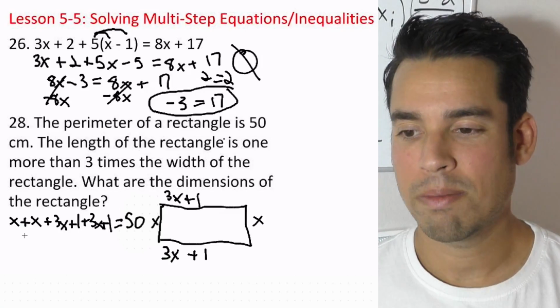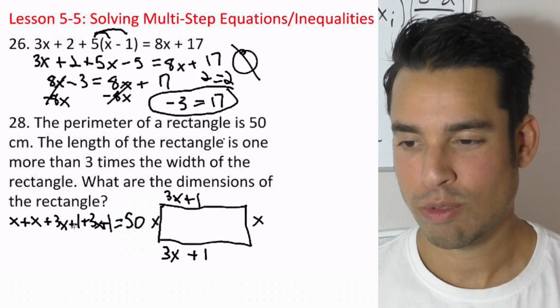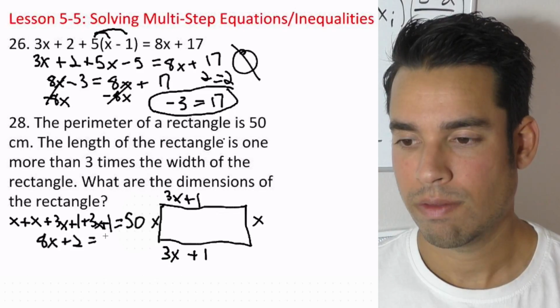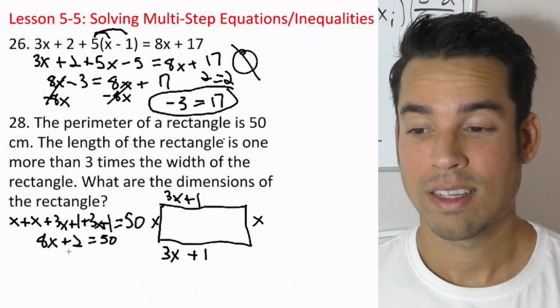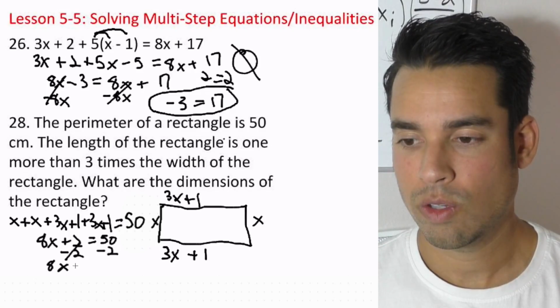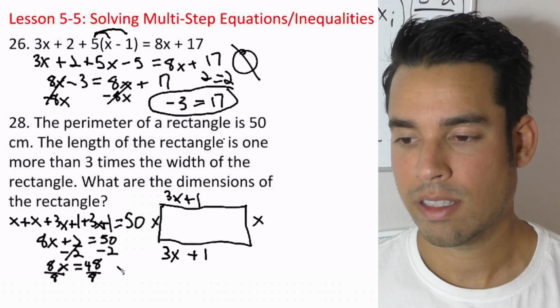Now let's go ahead and just combine like terms. So it's x plus x. That's 2x plus 3x is 5x plus 3x is 8x. 1 and 1 become 2 equals 50. Now let's isolate. Subtract 2 from both sides. We get 8x equals 48. Divide both sides by 8 and we get x equals 6.